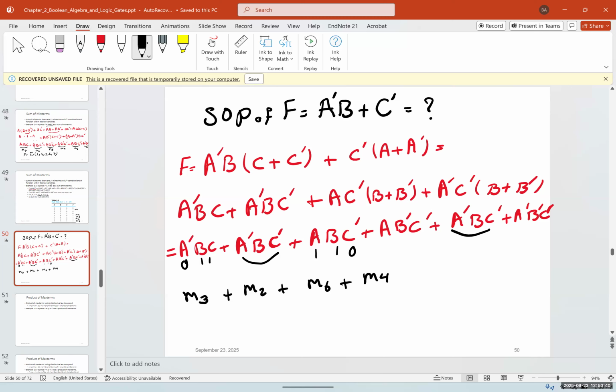Again, this is the same, m2. I don't need to write it. And a prime b prime c prime is m0. So f would be the sigma, I can write it like this, of 0, 2, 3, 4, 6.